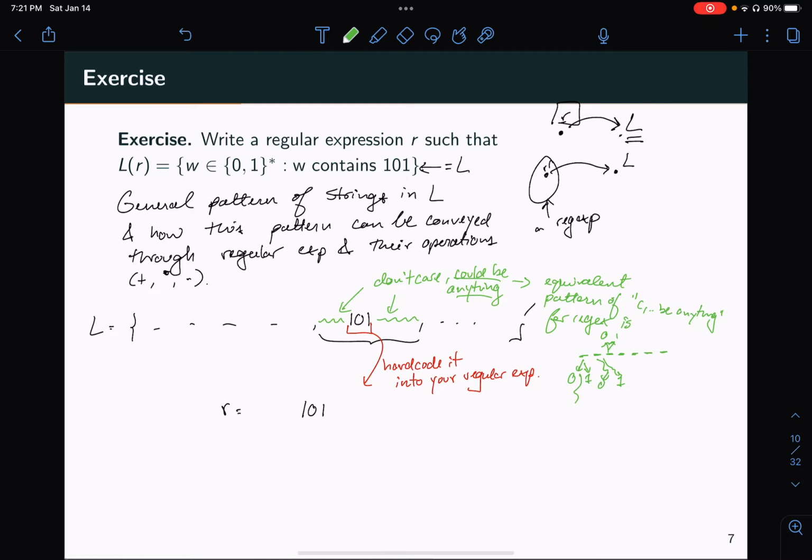At each position, the string could be a 0 or a 1. So I've implicitly translated this plus operator into a logical or operator.